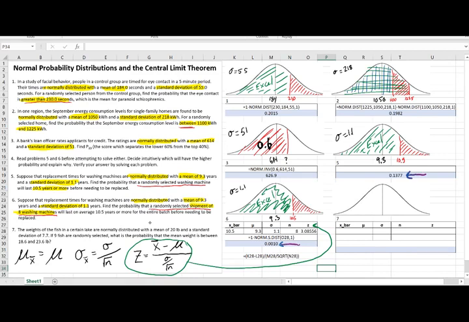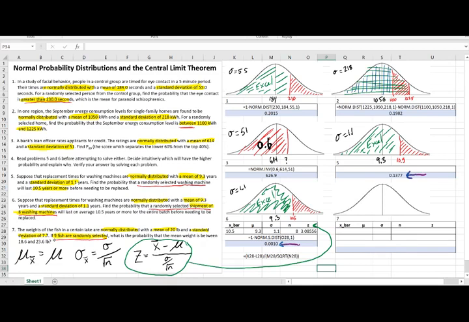The weights of the fish in a certain lake are normally distributed with a mean of 20 pounds and a standard deviation of 7.7. Now, if 9 fish are randomly selected, again, this is the indication that we're using the central limit theorem.